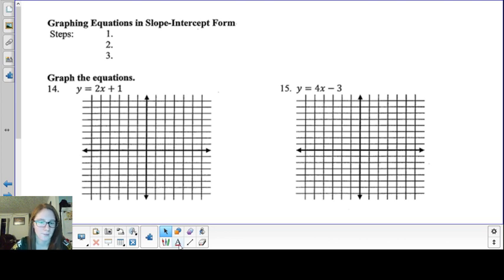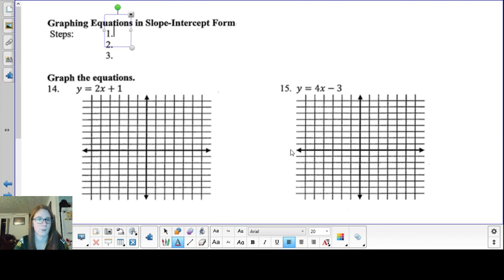All right, graphing slope-intercept form. You're going to graph the slope. Yep, I lied. You can't graph the slope without a point.